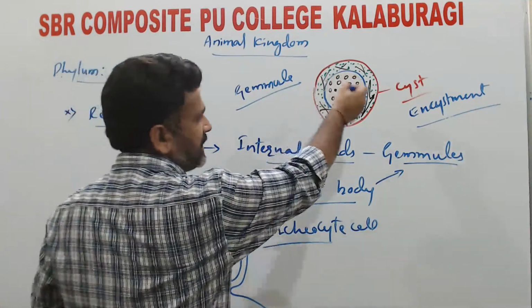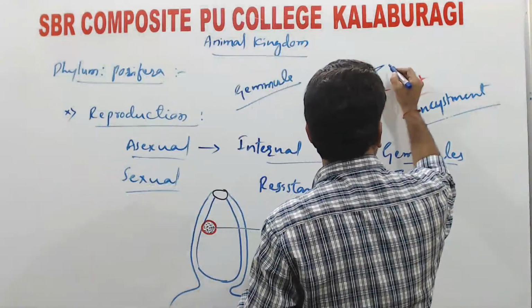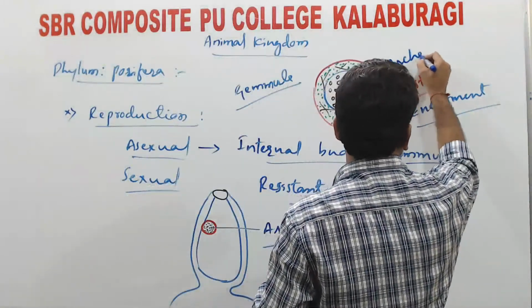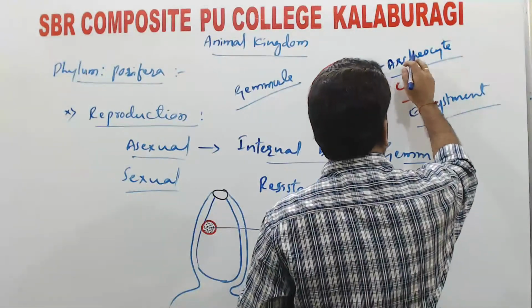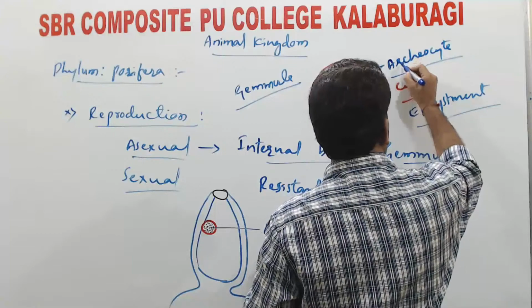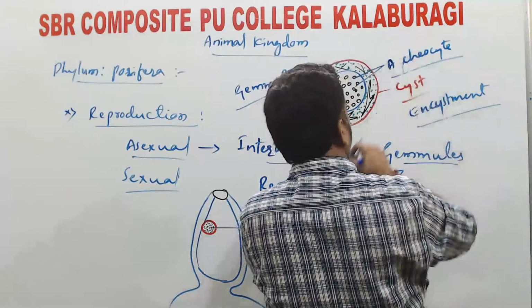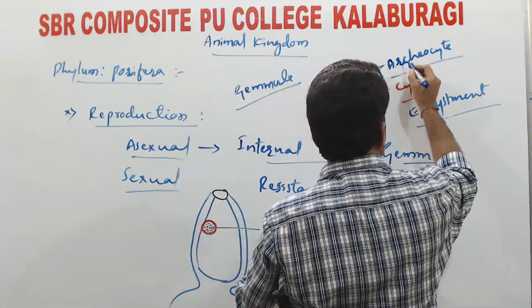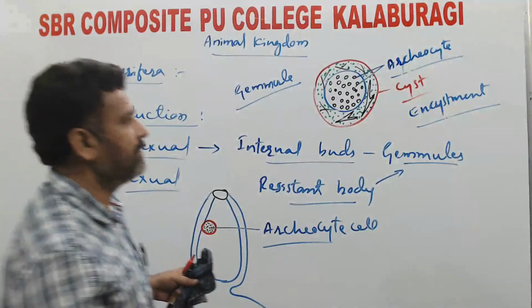Where they are present in this form, they enclose these structures referred to as archaeocyte cells.